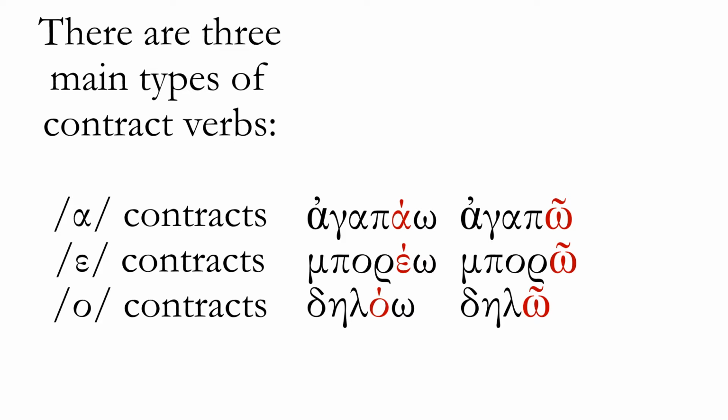So if you look at boreo, well, that epsilon was removed and it was just replaced by the circumflex on top of the omega. So all that perispomeni does is it represents a vowel that's been gobbled up. Okay, so here are three contract verbs. They still end in omega.